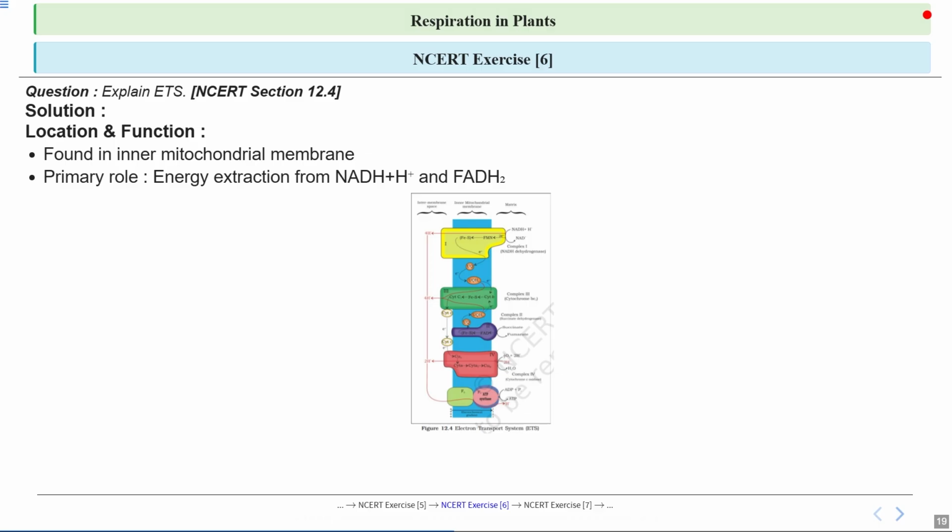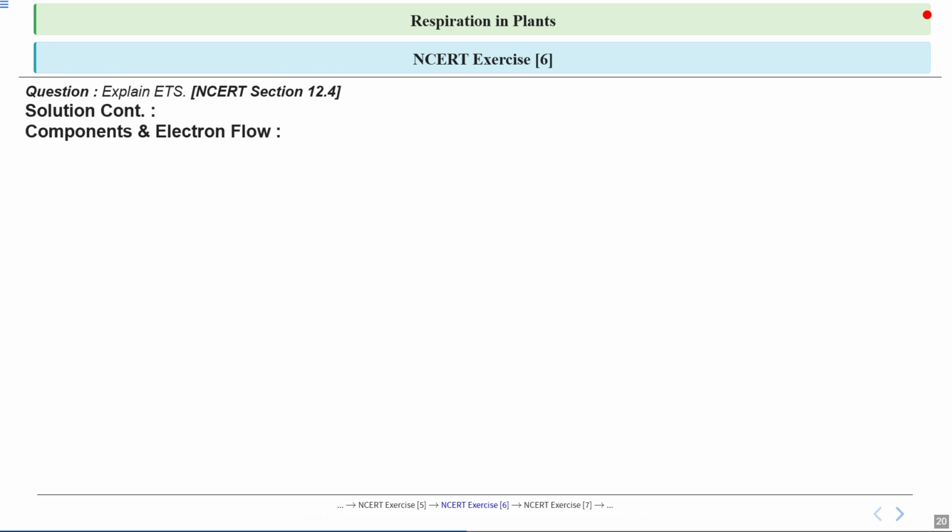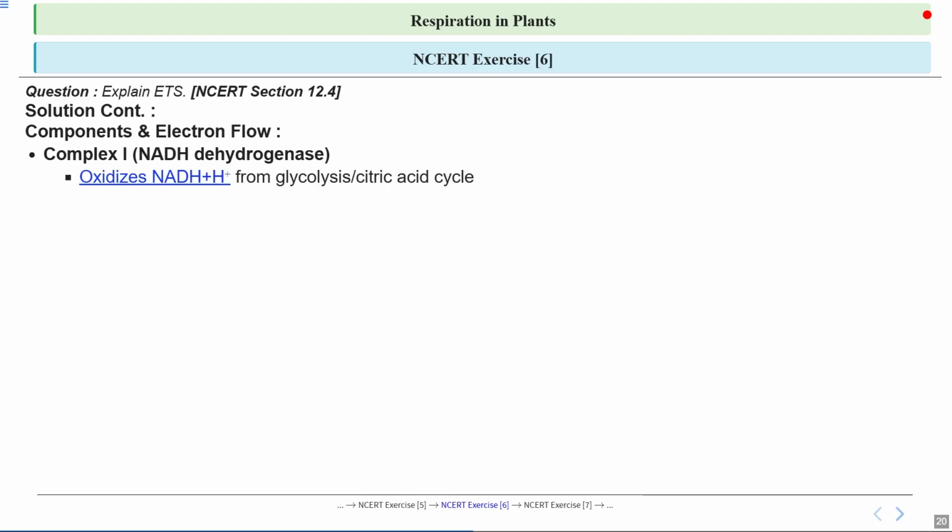These electrons are then transported from one complex to another. So let us look at the components and the flow of electrons. The first complex is complex 1, which is NADH dehydrogenase. In this complex, it oxidizes NADH plus H plus from glycolysis and the citric acid cycle.